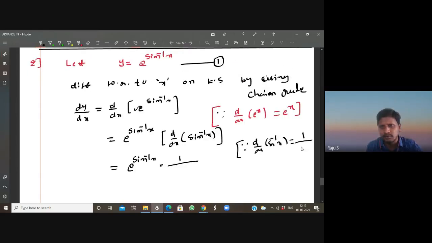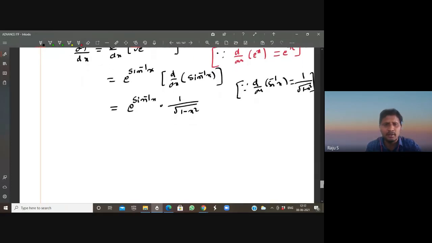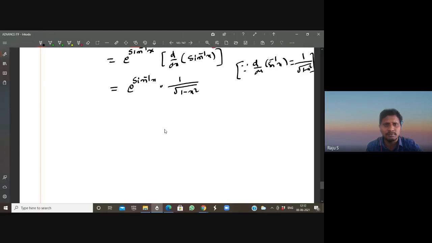Got it? So this is the answer. Finally, the answer is e power sin inverse x by root over 1 minus x square. This is the required dy by dx. Clear, students?